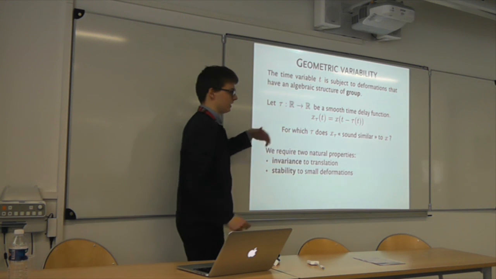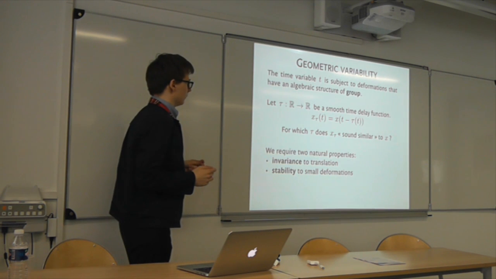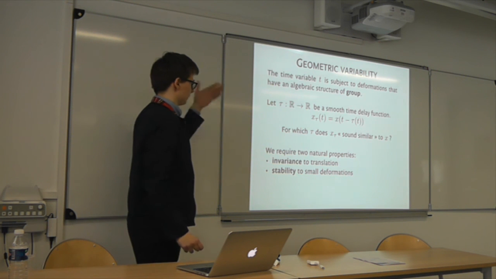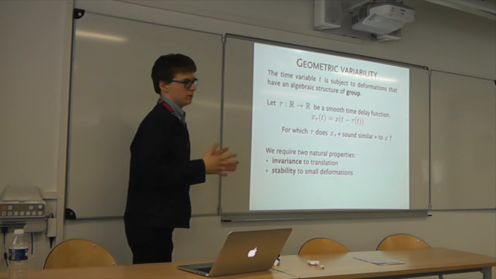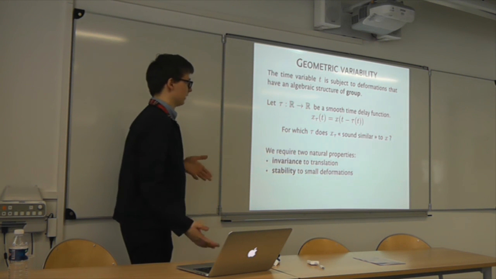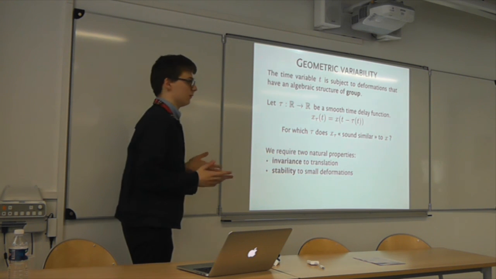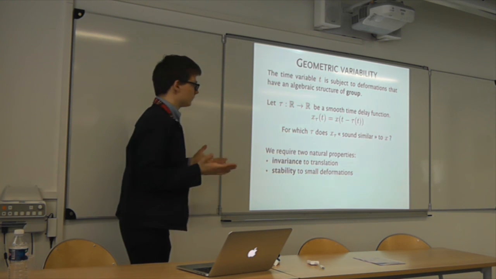It's a change of tape speed, if you like. So you replace the x of t by x tau of t, where tau of t would be a diffeomorphism of time. So for which tau does x tau sound similar to x? Well, for small tau, obviously. But what is small tau?